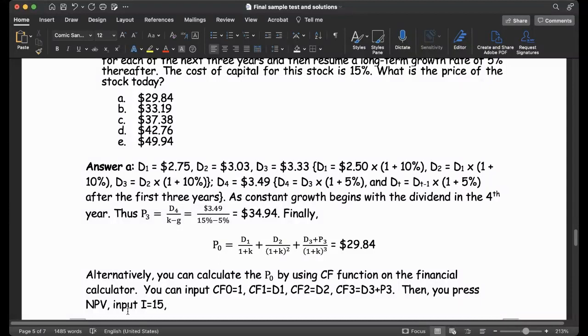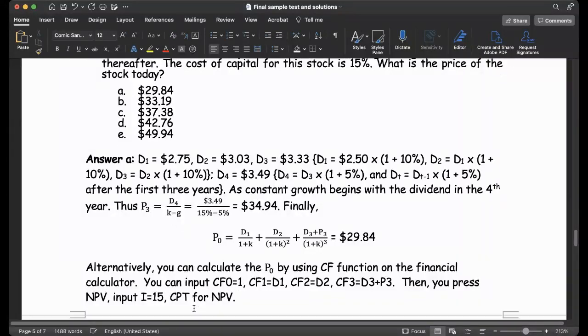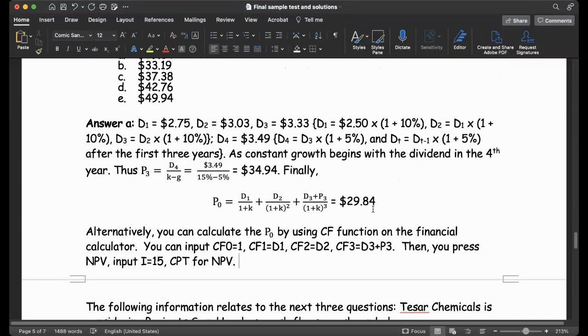You remove the percentage sign and input 15. Compute for NPV. You should get 29.84 as the present value of all the future dividends.